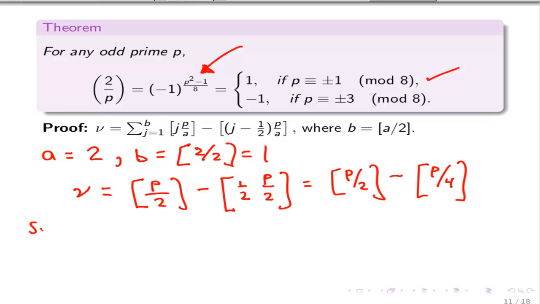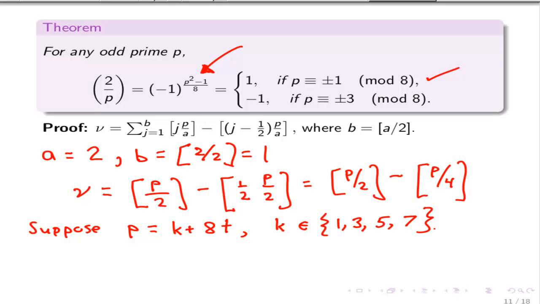And so all I do is I say, okay, what does this equal mod 2? So suppose p is of this form k + 8t, with k being a member of 1, 3, 5, or 7. So every odd prime is of this form. t is an integer. Then [p/2] minus [p/4], and I just want it mod 2, remember.